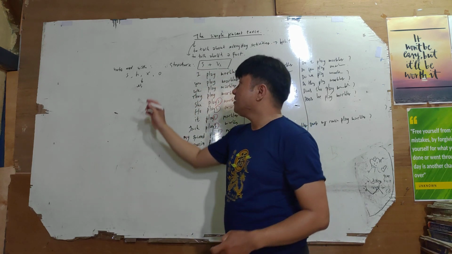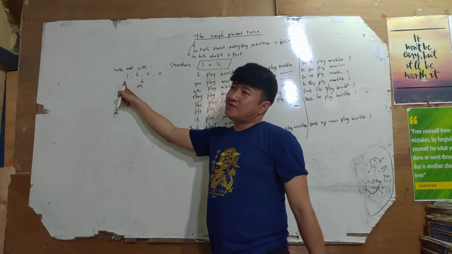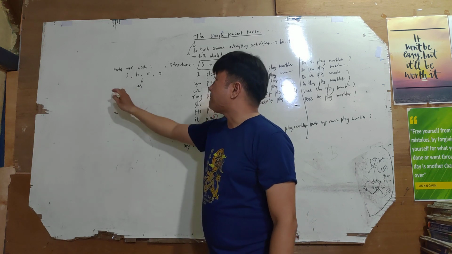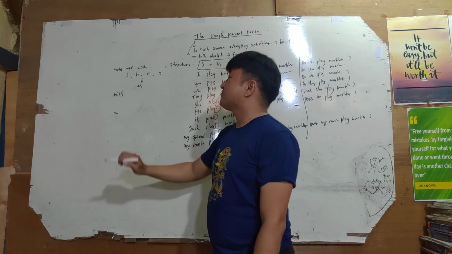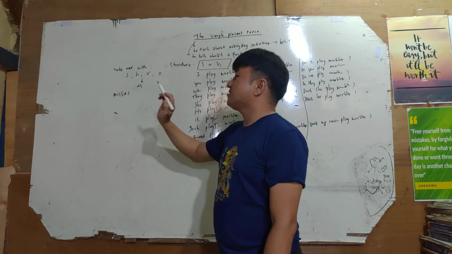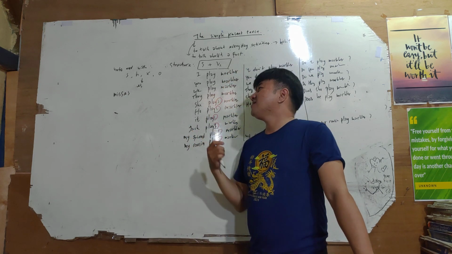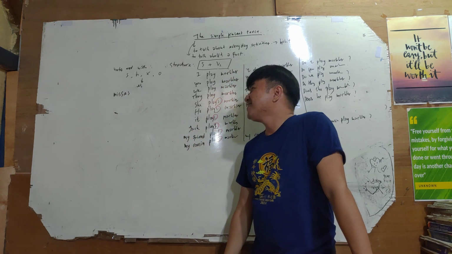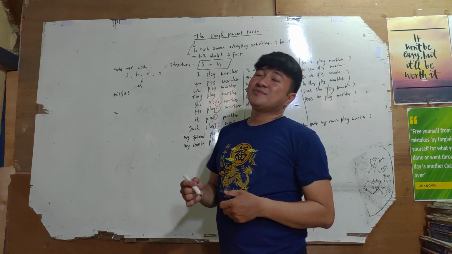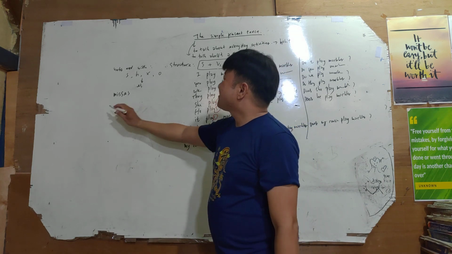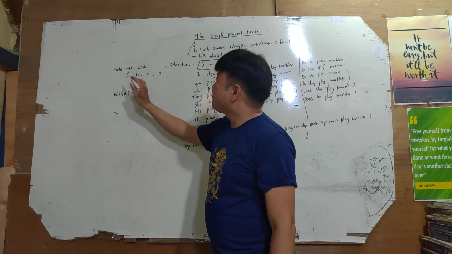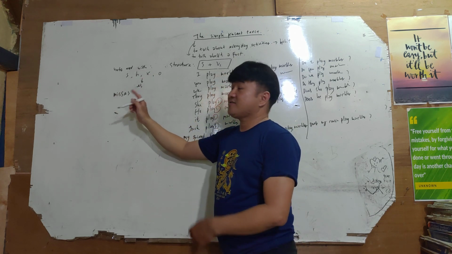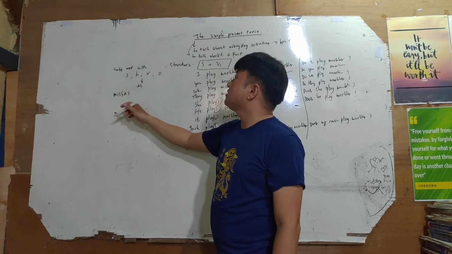Let's look at the examples. S. What word ends in s? This word, miss. This verb miss becomes misses. She misses her boyfriend or something, okay? Or my mom misses me a lot. And there's more, like kisses, but I'll just give one example for each.